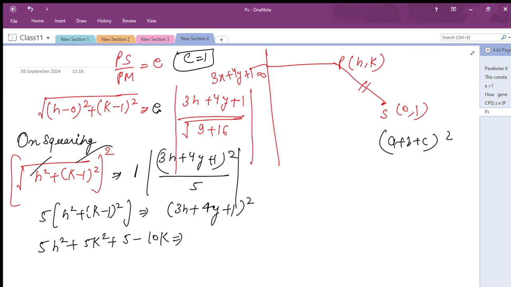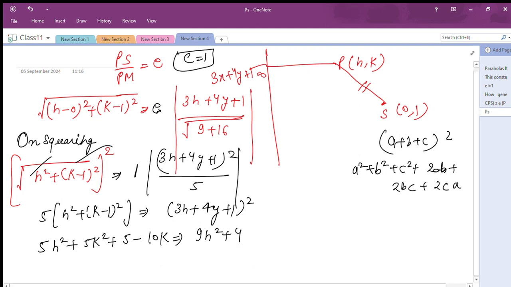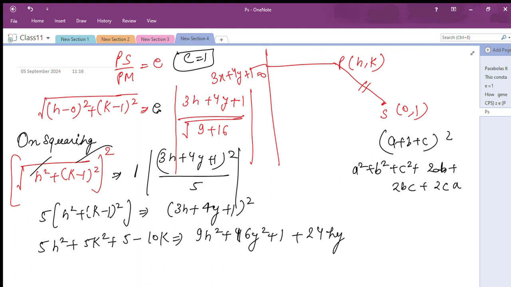The formula will be a square plus b square plus c square plus 2ab plus 2bc plus 2ca, right? So 9h square plus 16k square plus 1 plus 2ab means 24hk plus 2bc 8k plus 2ca 6h.